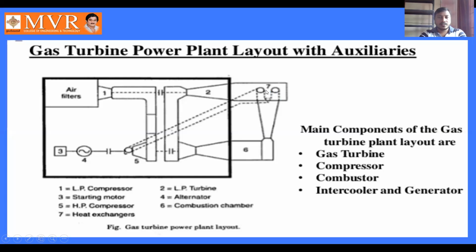After that, the air from the heat exchanger, with high pressure and temperature, enters into the combustion chamber, where combustion takes place. We feed the fuel into this combustion chamber, and the air with fuel undergoes the combustion process and enters into this high pressure turbine.